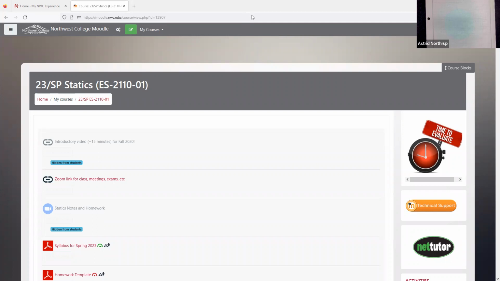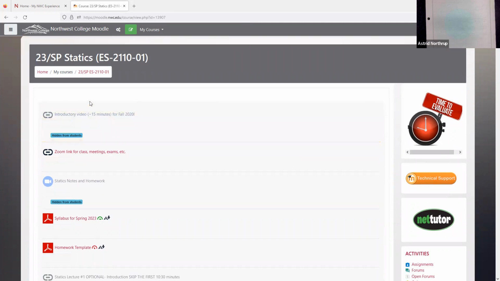So if you look at our screen today, I've pulled up our Statics Moodle page. The first thing about this class is sometimes we'll meet face-to-face, sometimes we will Zoom synchronously, and sometimes we will Zoom asynchronously. So I've put a schedule together so that you'll always know what's going on that particular day.